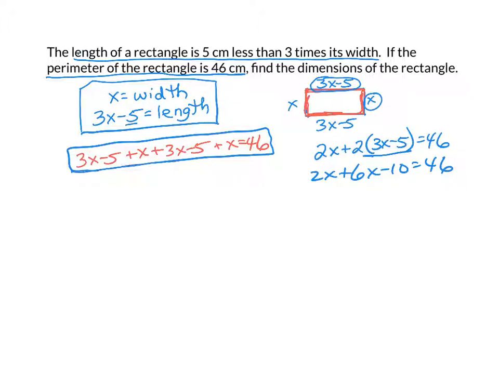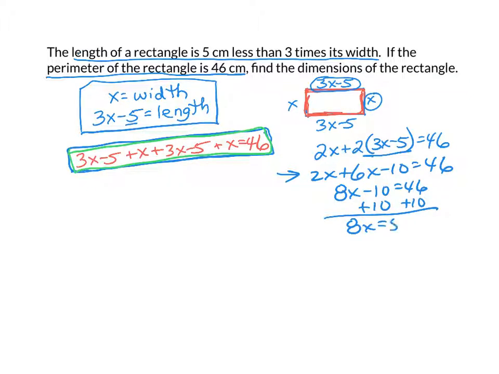Let me continue to solve this equation. 2x plus 6x is 8x, so I have 8x minus 10 is equal to 46. I'm going to add 10 to both sides. I get 8x is equal to 56, and then I divide both sides by 8. I get a final answer of x is equal to 7.